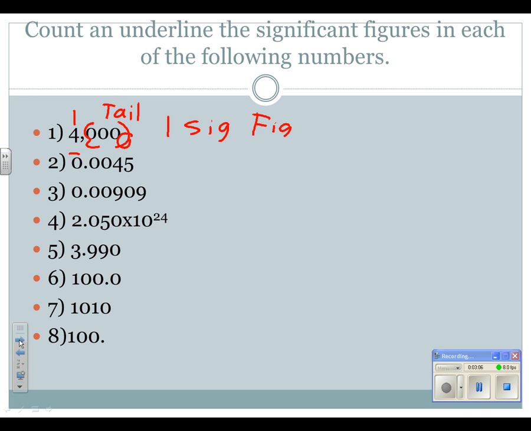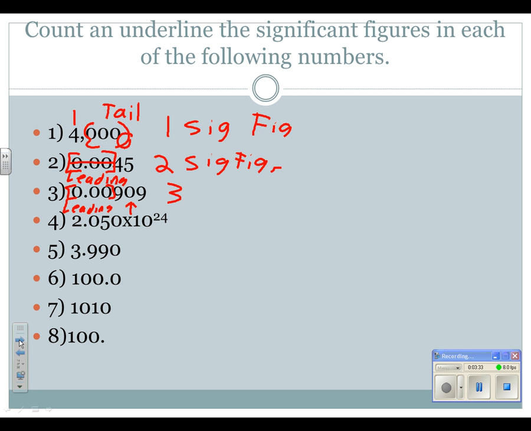Now these are leading zeros. So they do not count. So here we only have 2 sig figs. So here we have 3 more leading zeros, and then 1 right here in the middle. So now we're going to have 3 sig figs there.